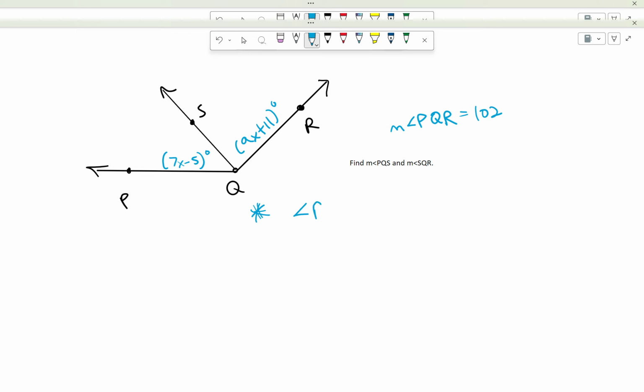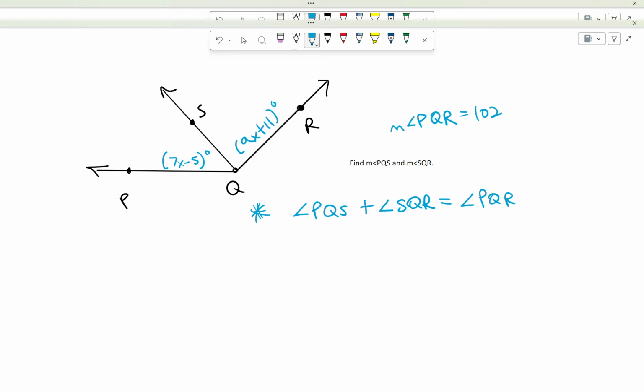And that is going to be that we have angle PQS plus angle SQR is going to be equal to the larger angle right here, something that we did earlier, angle PQR. All right, just a little reminder there for you guys. This is mandatory. I have to have this for me to give you full credit for these problems as we move forward. And now we just are going to substitute.